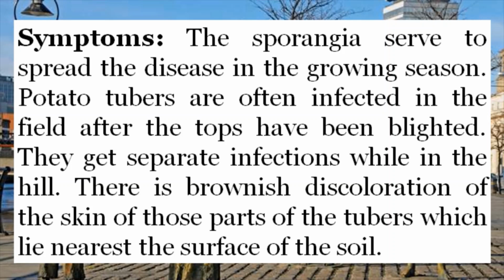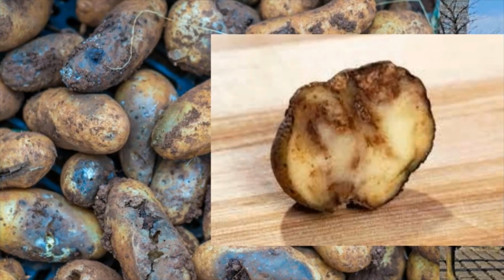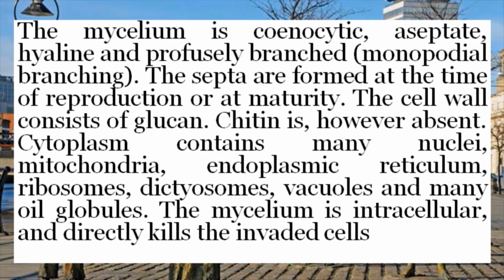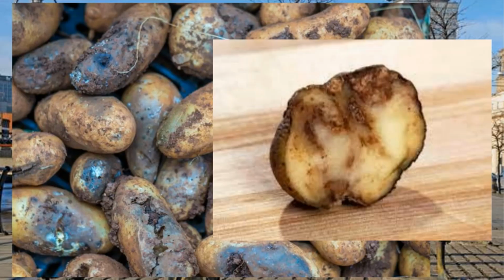The potato tubers are often infected in the field after the tops have been blighted. They get separate infections, while in the hill there is brownish discoloration of the skin of those parts of the tubers which lie near the surface of the soil. You can see here the infected potatoes.